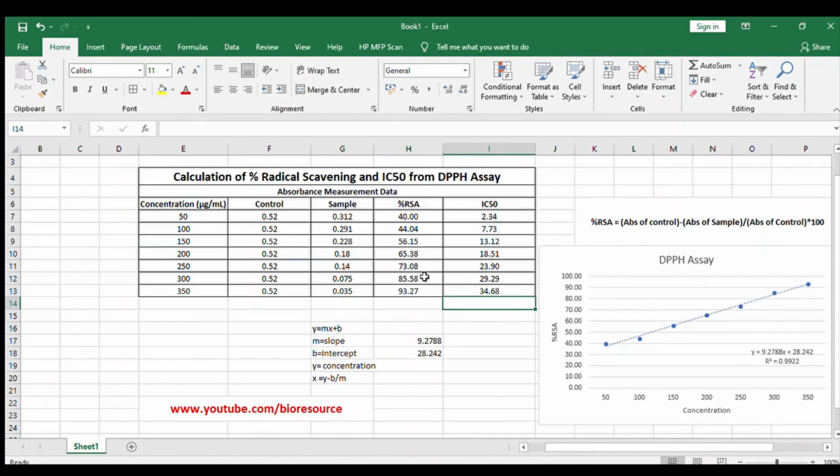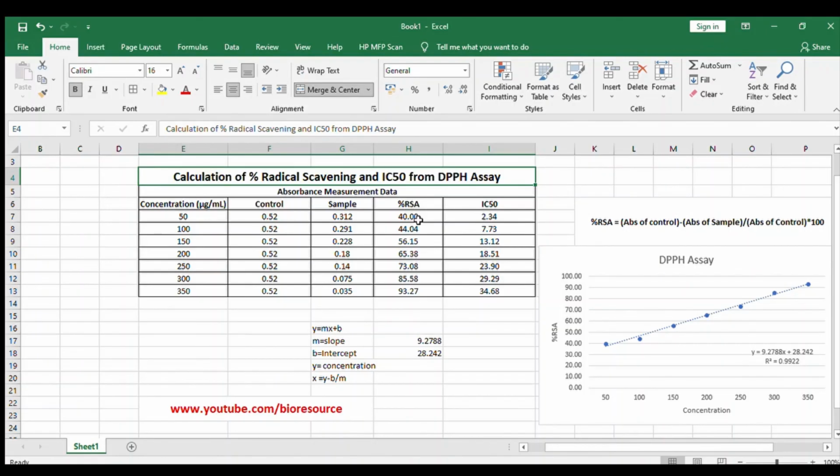I will just once again run through this calculation. We have the absorbance values from the radical scavenging DPPH assay, with a range of concentrations and the absorbance of control and sample, and we have calculated the percentage RSA values based on this equation: absorbance of the control minus absorbance of the sample, divided by absorbance of control, into 100.